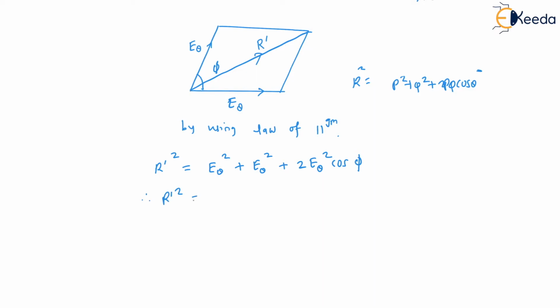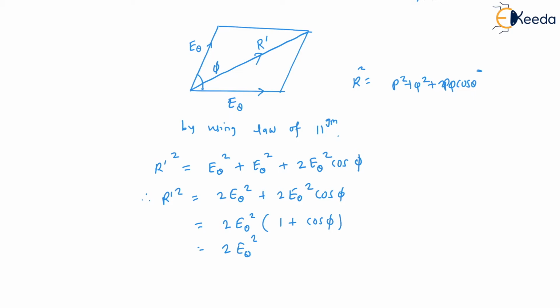So this equation will be twice E theta square plus twice E theta square into cos phi. So twice E theta square is common. In the bracket we get 1 plus cos phi, with 2 E theta square as it is.